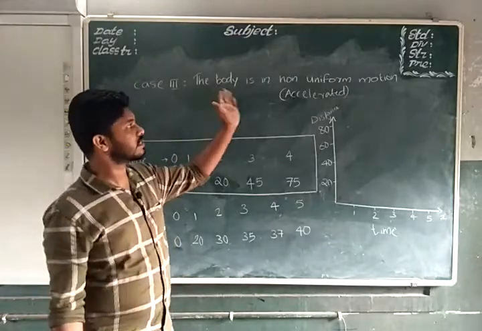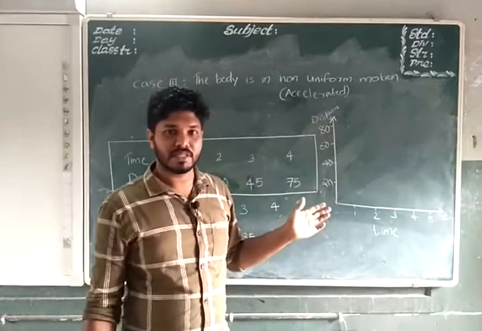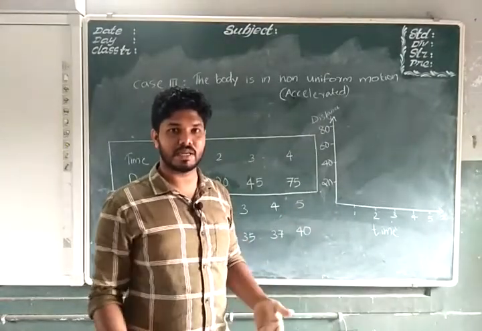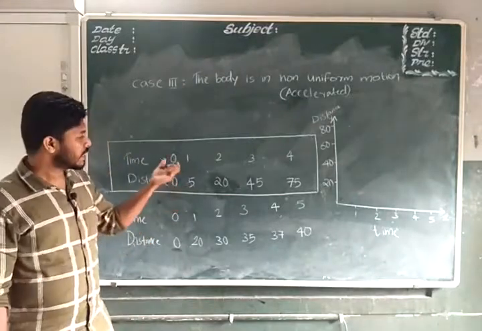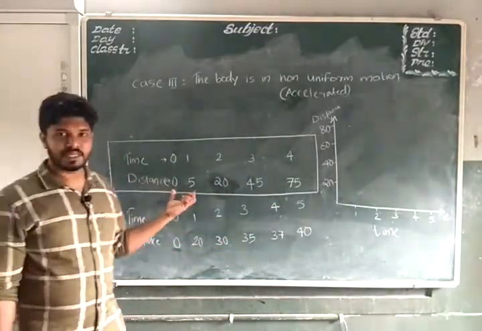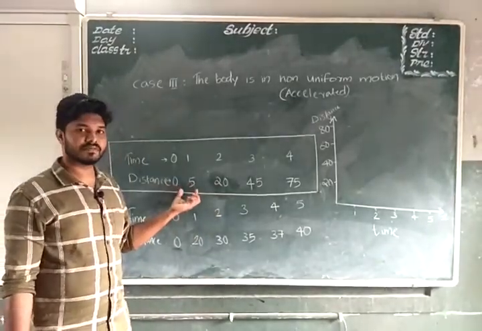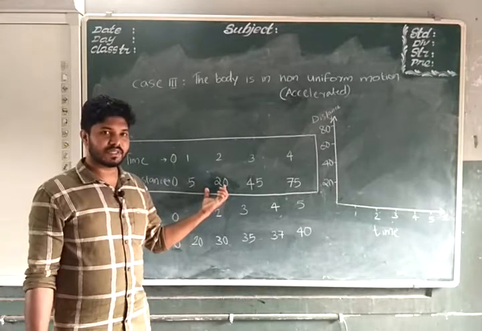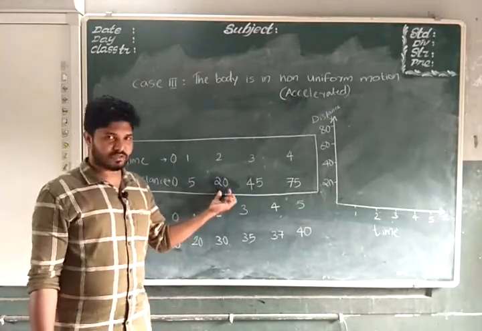The body is in non-uniform motion. What is non-uniform? It covers unequal distances in equal intervals of time. So I have an example here. See, I take equal intervals of time and the distance covered in each interval. See here, in the first second it covers 5 meters. In the second second it covers 15 meters extra, so it reaches 20.